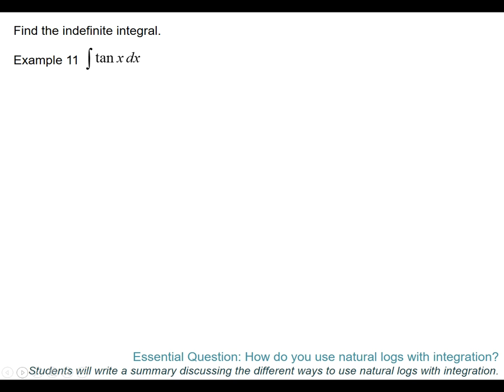We're going to prove it right now, what it is, and then you can either memorize it or you can do it this way. Okay? So there is a tangent integral in the front cover of your book. We just have to learn it now. All right. So when all else fails at trig, we turn it into sines and cosines, right? So what's another name for tangent of x? Sine x over cosine x dx.